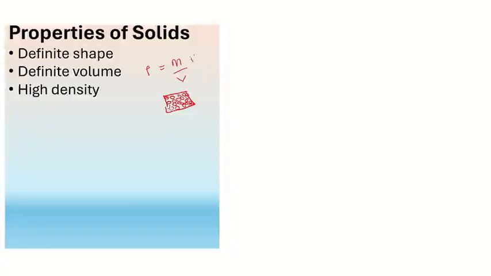Let's say we have 1,000 of them, and let's say the volume is 10. It means that the density is going to be 100 kilogram per meter cube. Are you getting it? So that is why we say it has a high density when you compare it to other states.